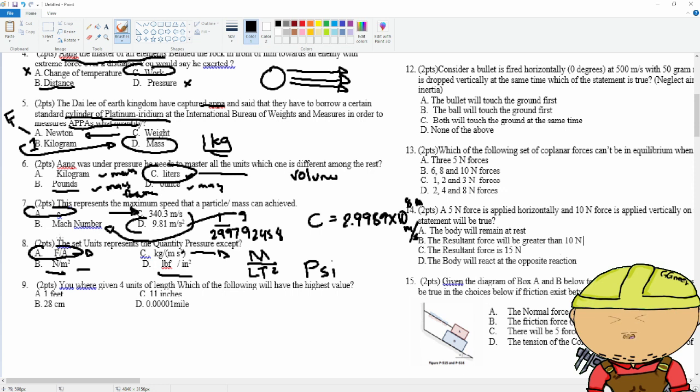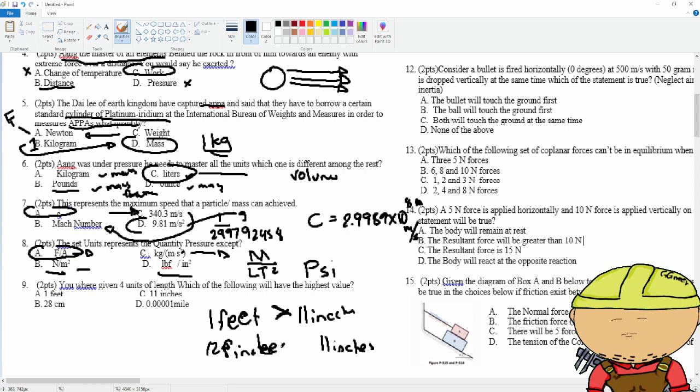You were given 4 units of length. Which of the following will have the highest value? Okay, 1 feet. Obviously, 1 feet is greater than 11 inches, because 1 feet is already 12 inches. How about we convert everything into inches, right? So 12 inches, 11 inches. My handwriting is very beautiful, as always.